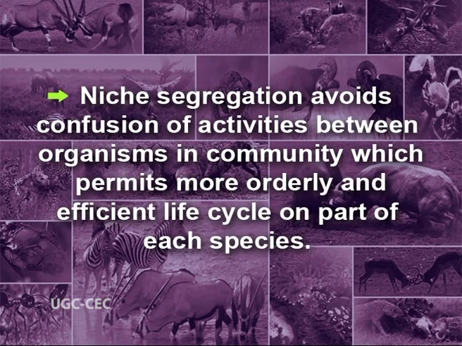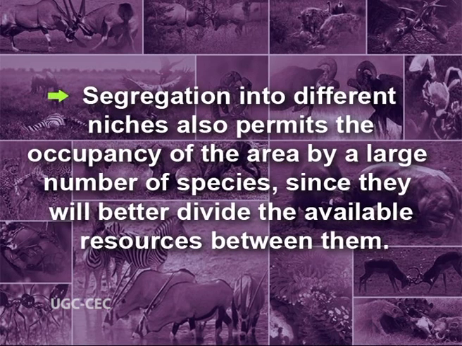Niche segregation avoids confusion of activities between organisms in the community, which permits a more orderly and efficient life cycle on the part of each species. Segregation into different niches also permits the occupancy of the area by a large number of species, since they will better divide the available resources between them.